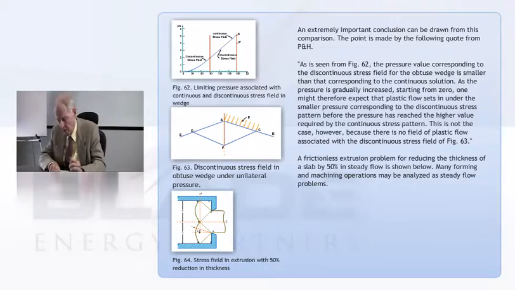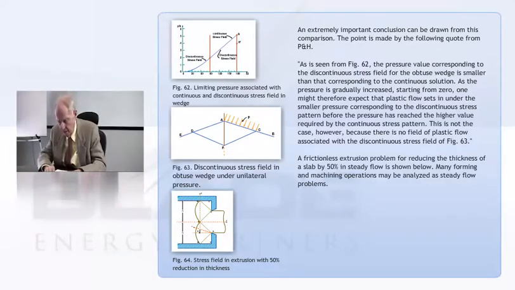Okay, there's two things here. First off, why should they agree up to 90 degrees? And the reason for that is, if you go back and look, that unless 2 beta is greater than 90 degrees, there's no place to put that centered fan. So about the only thing that can happen is the discontinuous solution.